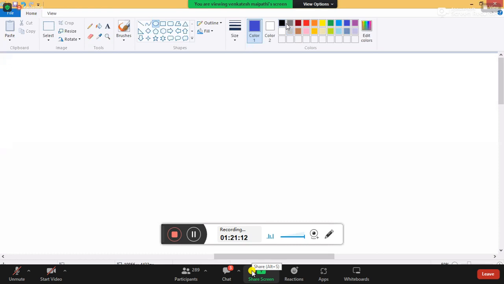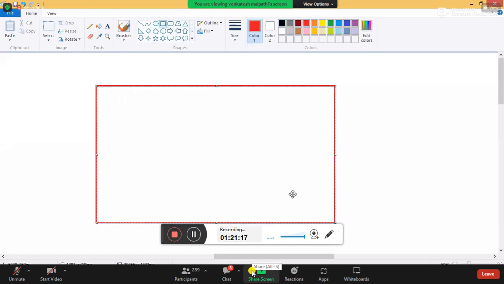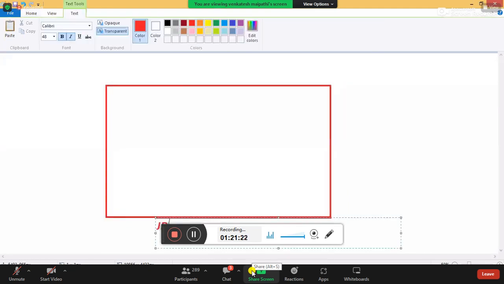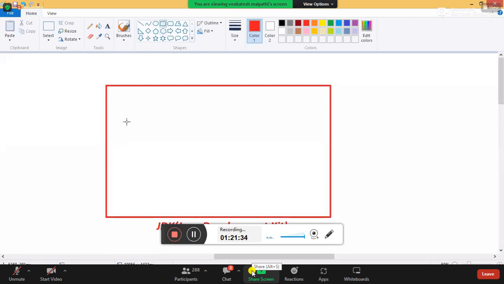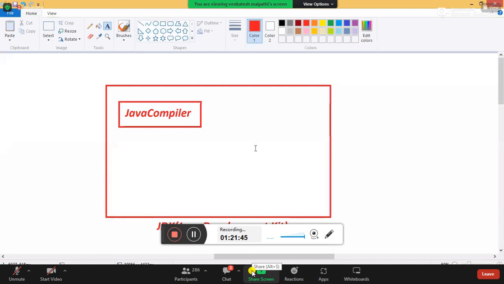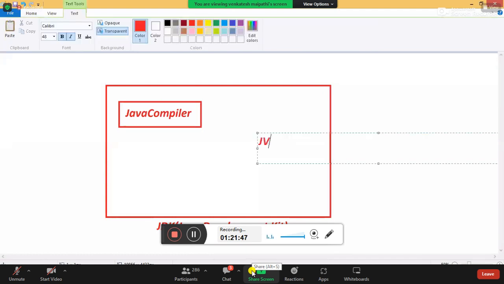Finally, our software is JDK, the Java Development Kit. JDK will hold 3 components. One is the Java compiler. One is JVM.